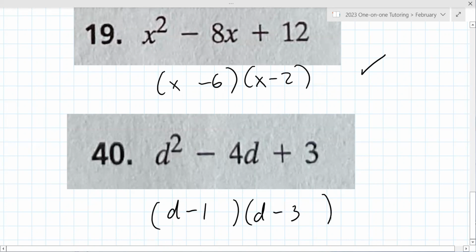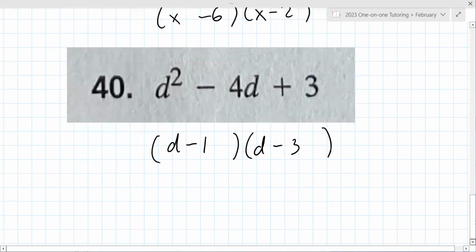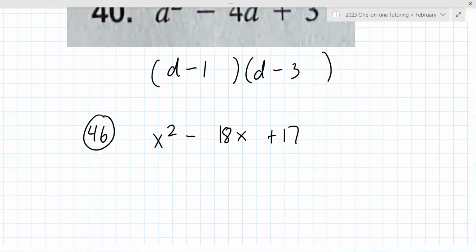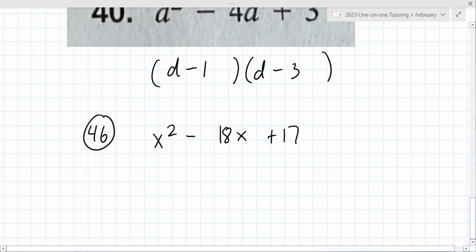And if you could try 46 next, please, and then we'll move on to the last case. -1 and -17. Yes.